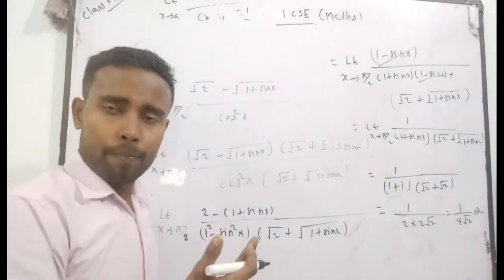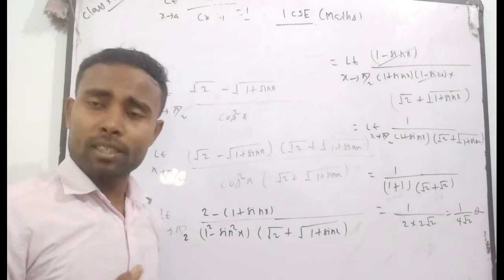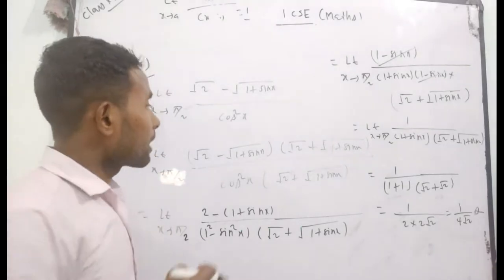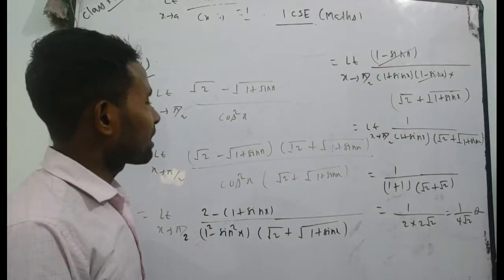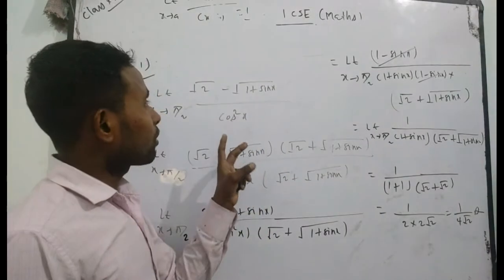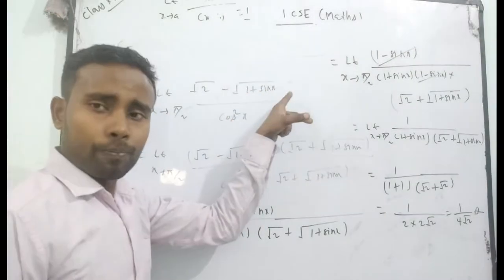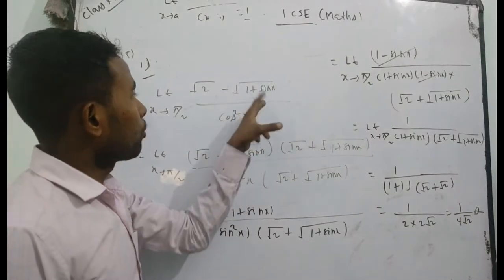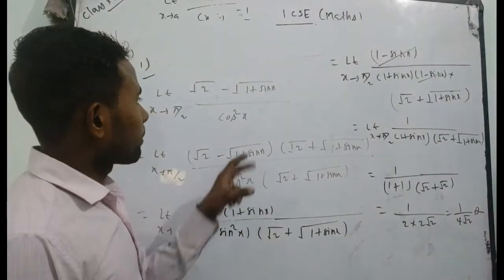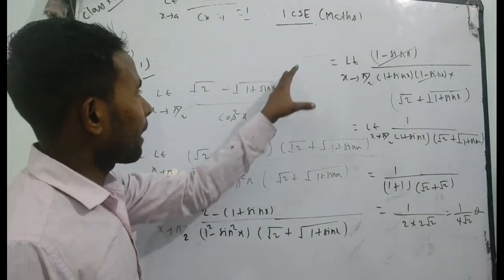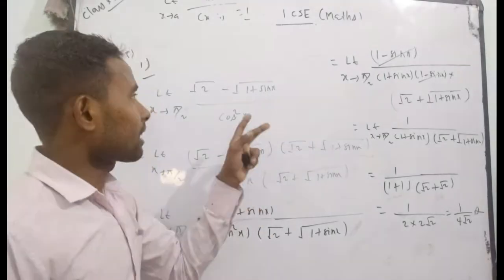If it gives some indeterminate form, or a value which doesn't belong to the set of real numbers, then you try to reduce some factors. If you feel numerator or denominator have some factors that can be cancelled, then you can multiply numerator and denominator by its conjugate, that means the rationalizing factor.